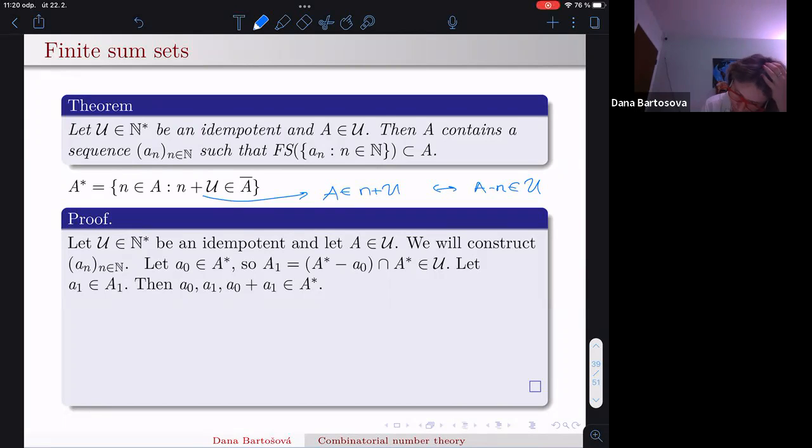And then obviously A0 is in A. That's what we choose it from.